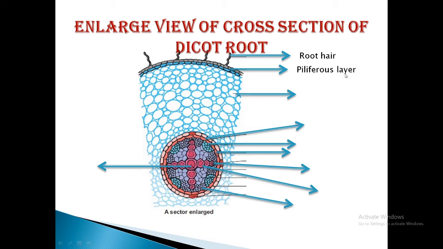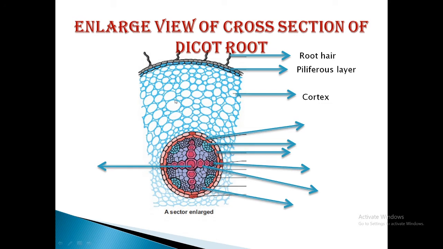Then the next region is the cortical region or the cortex. This cortex is massive and consists of thin walled, rounded, or sometimes polygonal parenchymatous cells having well developed intercellular spaces between them.